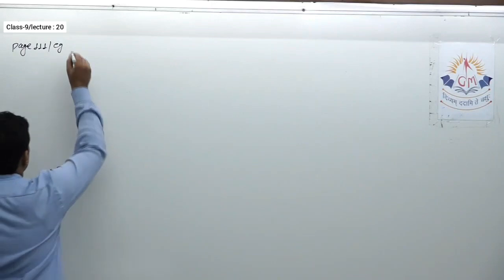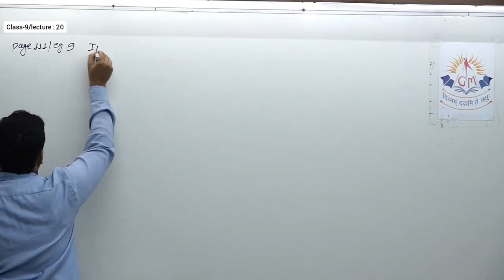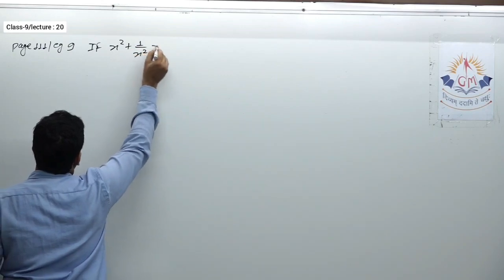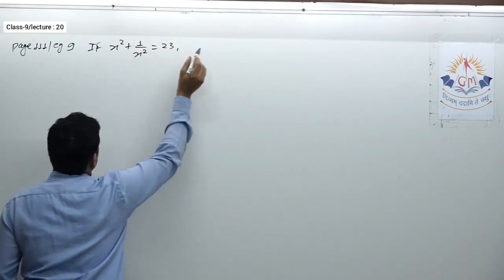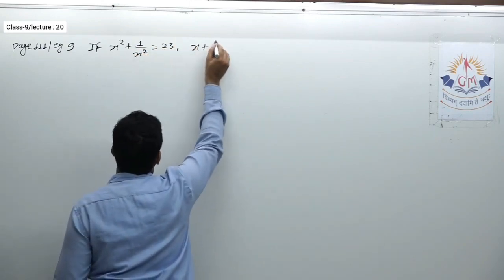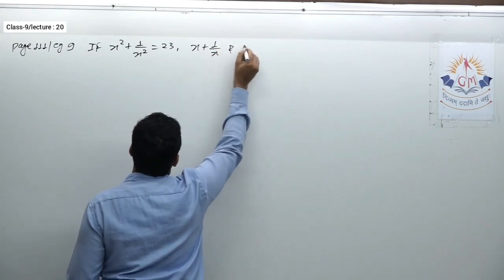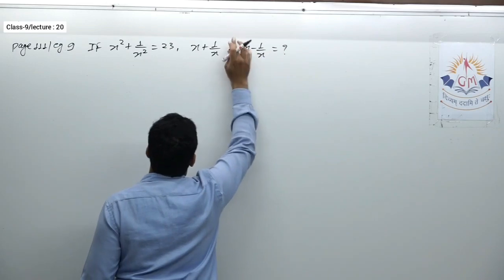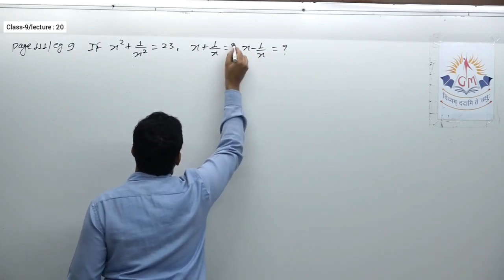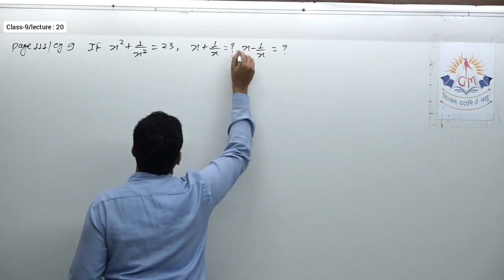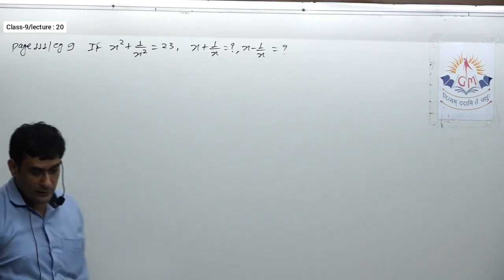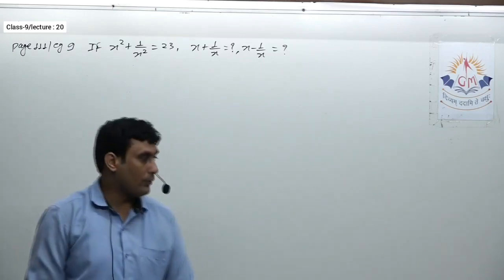The question is, if x square plus 1 upon x square is equal to 23, find the value of x plus 1 upon x and x minus 1 upon x. This you have to find, x plus 1 upon x and x minus 1 upon x. And given is x square plus 1 upon x square equal to 23.